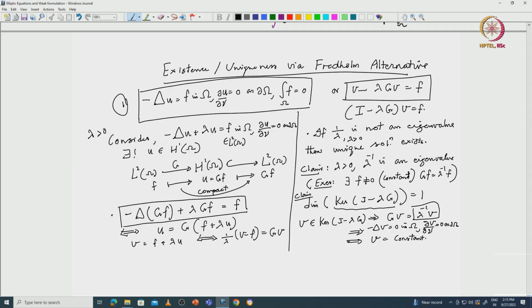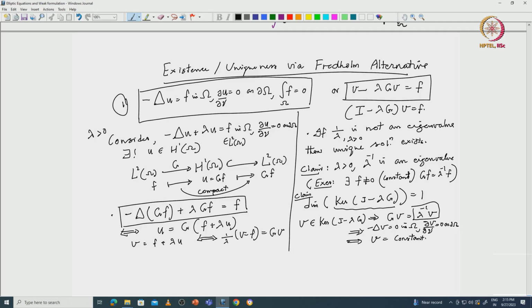So this is a claim that this is a one dimensional space. Okay. And how do you see that one? If V is in the kernel of I minus lambda g, that immediately tells you GV is equal to lambda inverse of V. Okay.